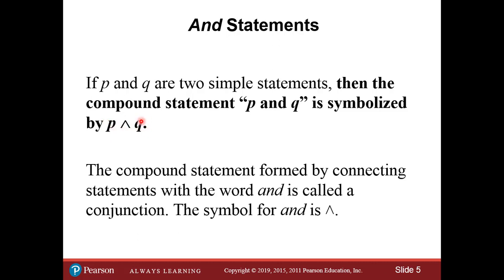And Q could be the statement, I'm going to hang out with my friends. So P and Q says, I am going to go to the movies and I'm going to hang out with my friends. Okay, so that's an example of how we could take two logical statements and put them together with a connective, and. Now, this is called a conjunction. So this is a conjunction or a conjunctive statement.